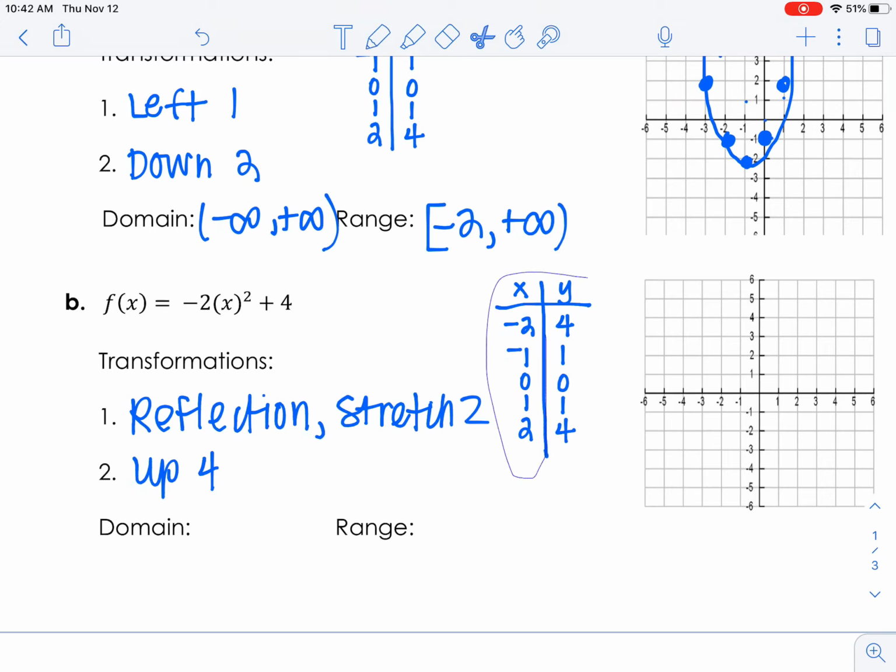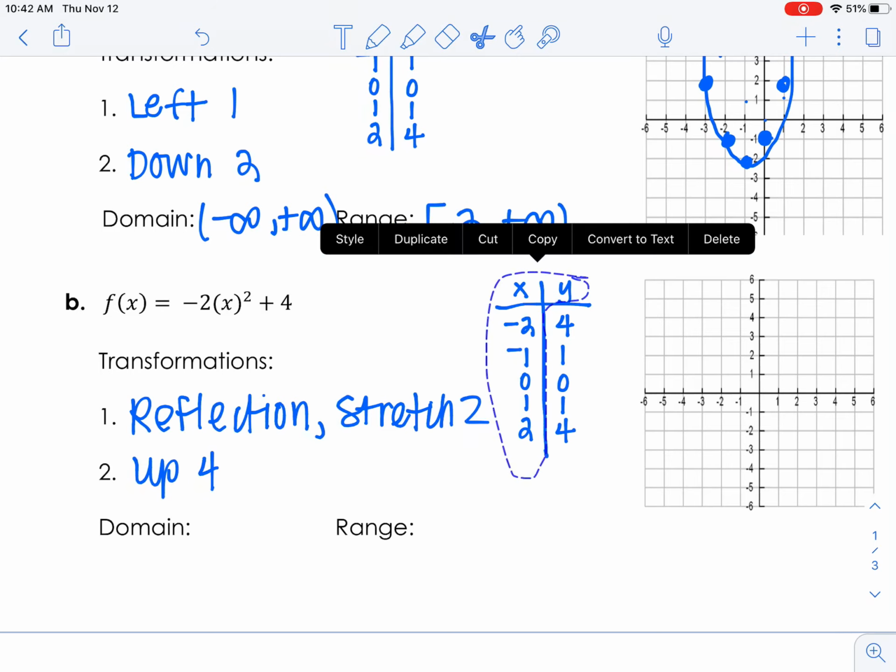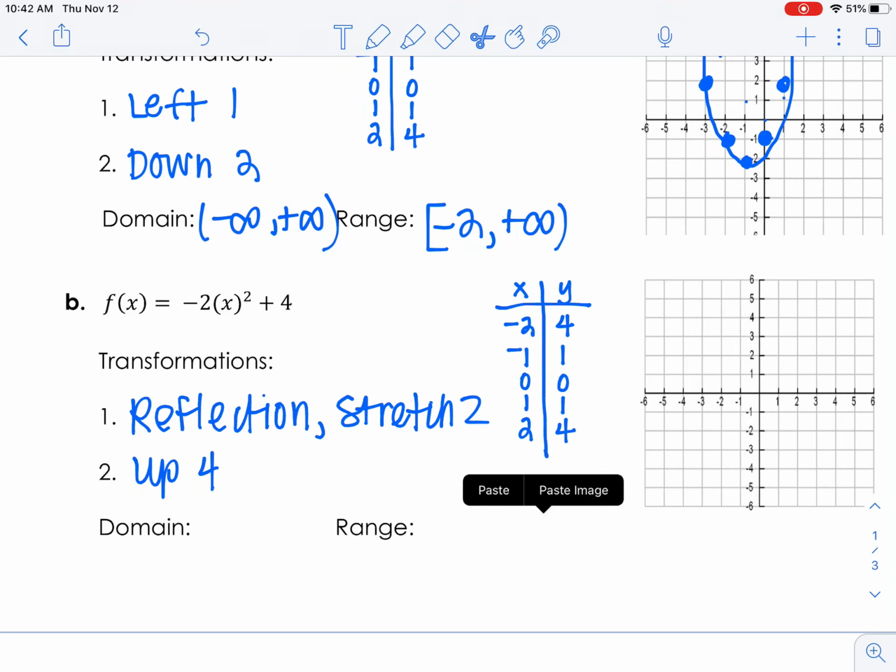So in this case, we're going to multiply our y's by -2. Okay, so we keep our x's the same, so now we're going to have -8, -2, 0, -2, -8.